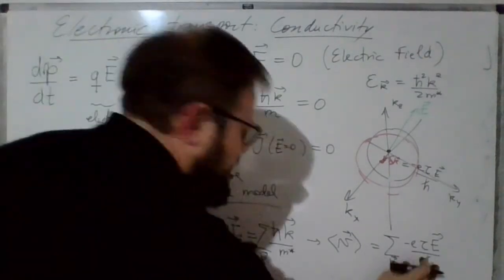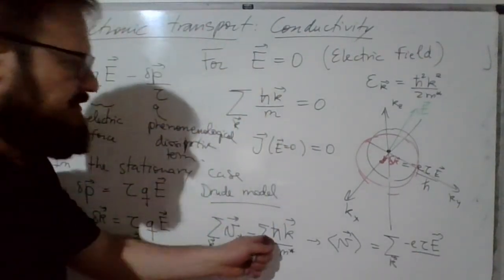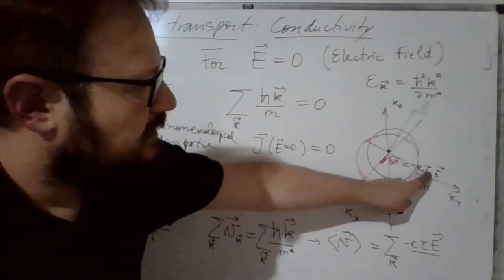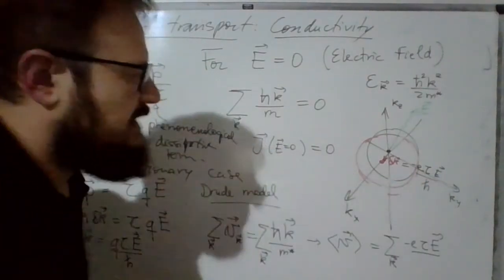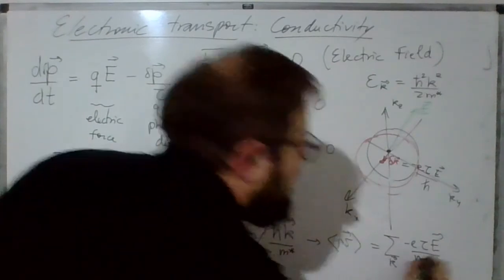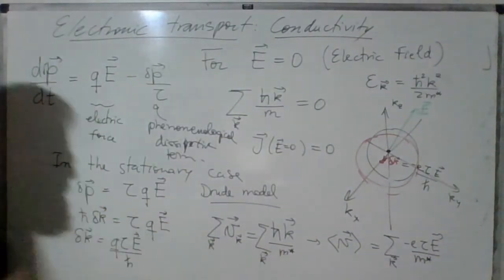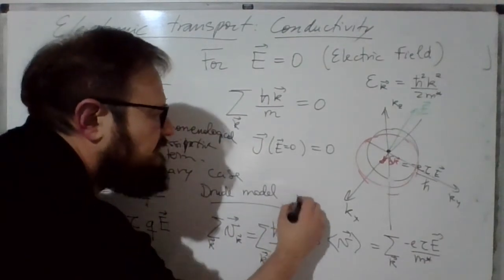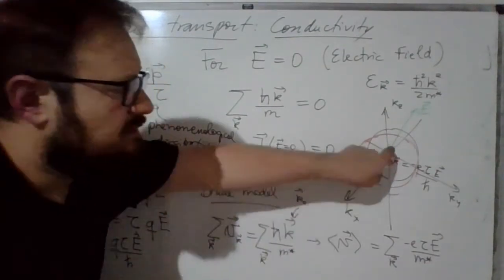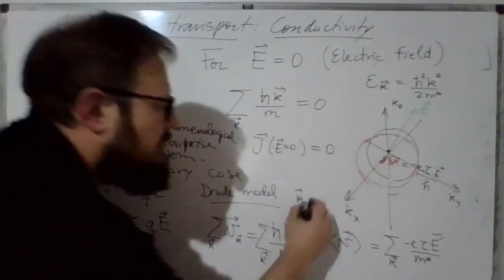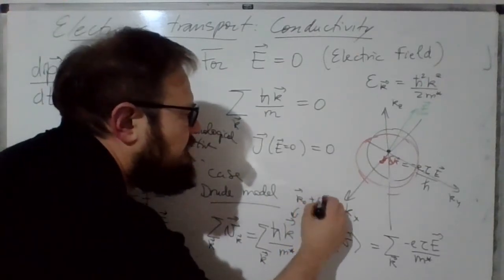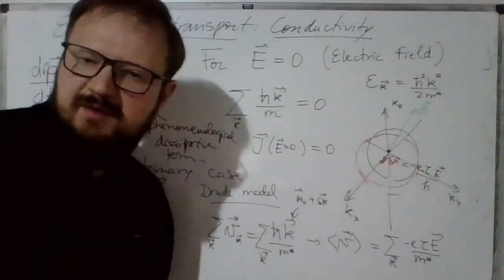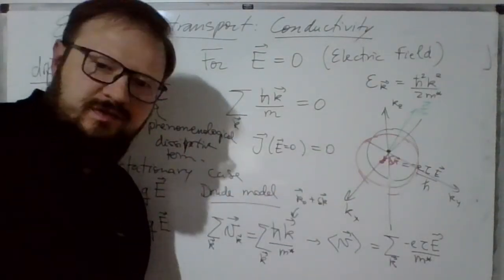Sorry, it's h bar times the delta k, which is minus e times tau times E divided by the mass of the particle, because it's velocity. So it's a delta k. And this case now for the applied field is the original, centered at the origin, plus for any k we have the same amount of dislocation. So the entire Fermi sphere is displaced now.